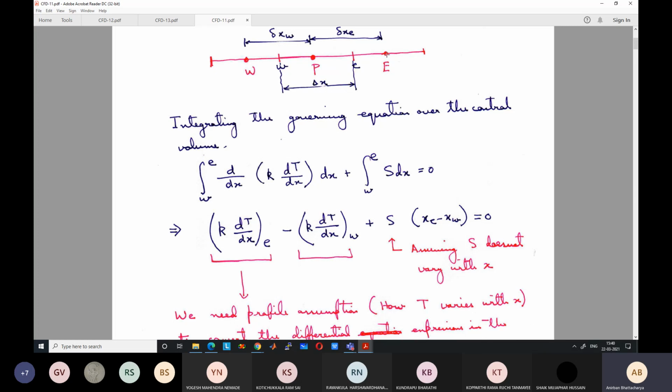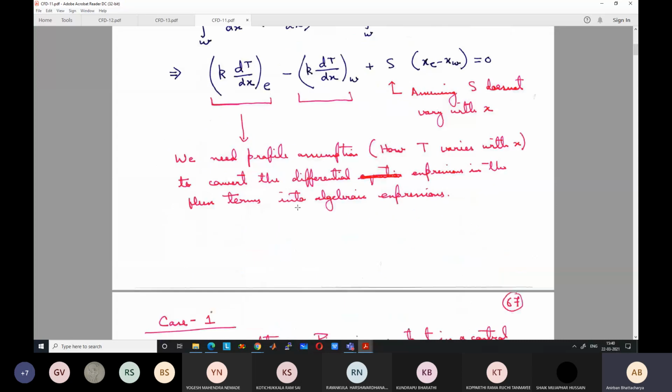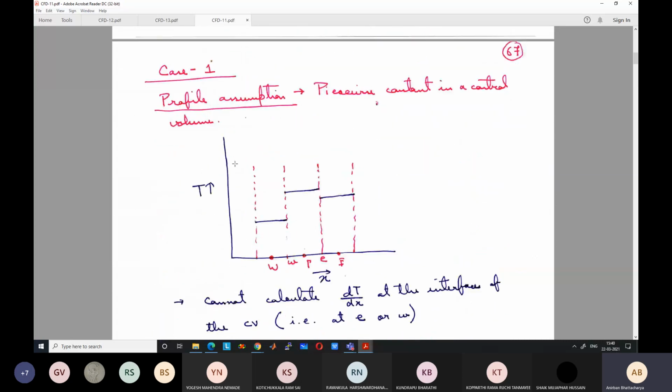Okay, so we have temperature at capital E, temperature at capital P, temperature at capital W. Now we have to represent these derivatives in terms of these grid point temperature values. What we had done, if you remember, is we had taken different profile assumptions. Some of them did not work out because they were giving unphysical solutions.